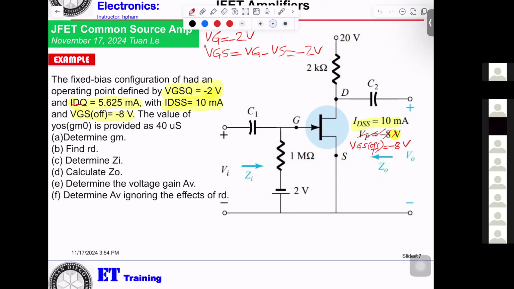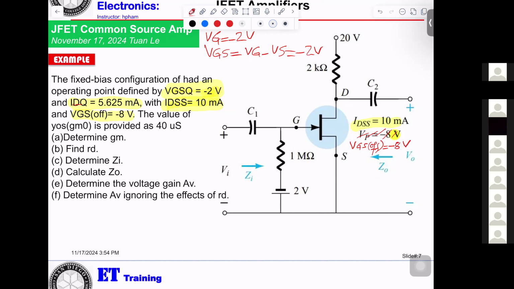The thing I did, I got the information from one of the universities, but they got it wrong for VGS off. VGS off is minus 8 volts. VP and VGS off will be the equal value but opposite polarity, okay?